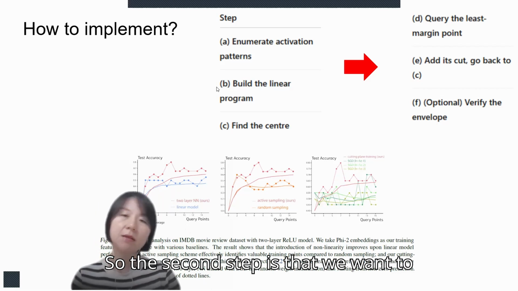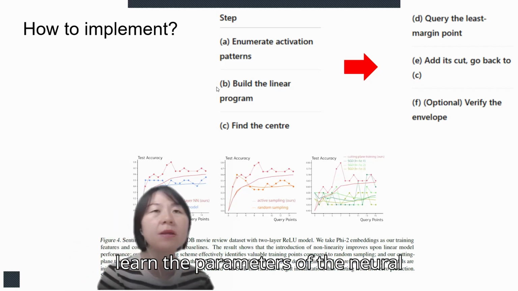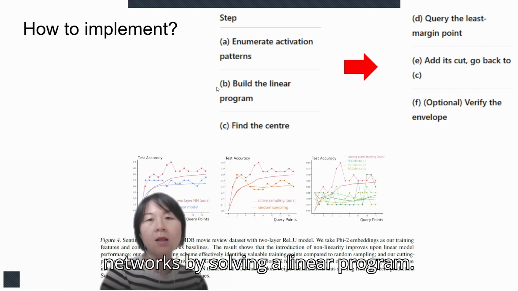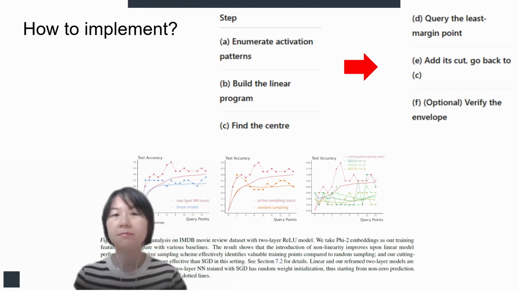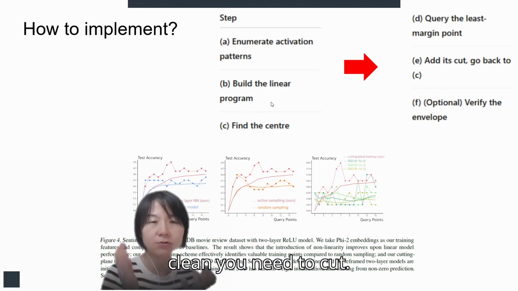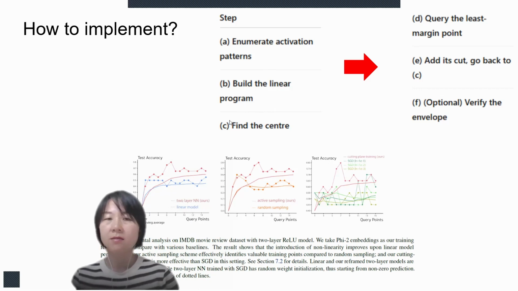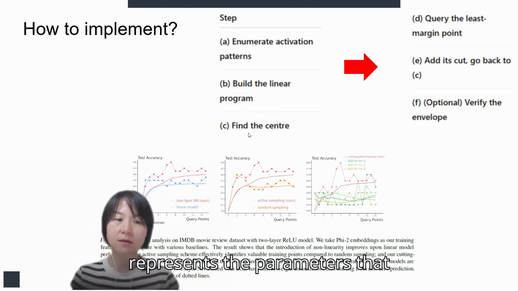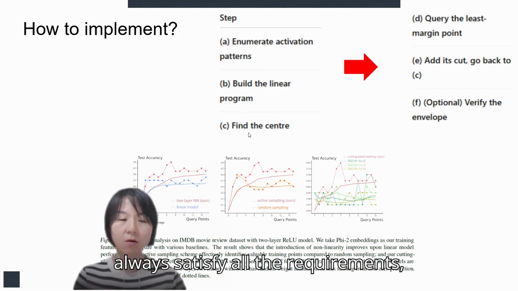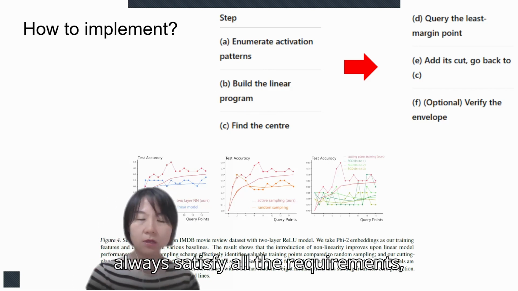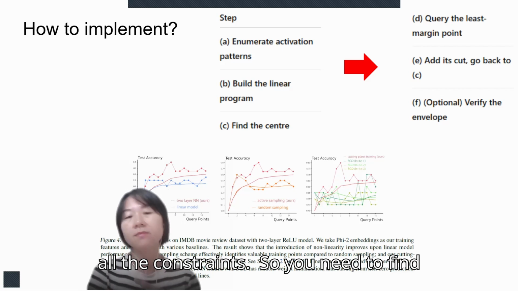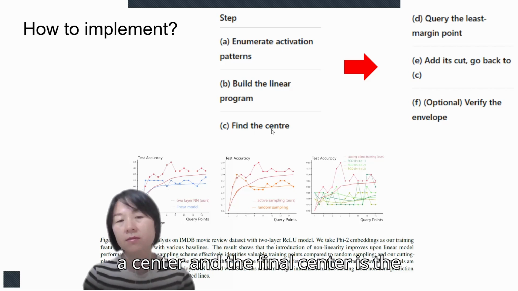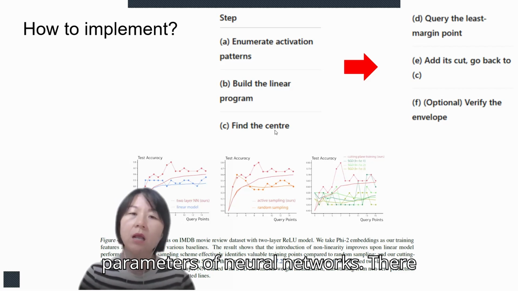So the second step is that we want to learn the parameters of the neural network by solving a linear program. Clean, you need to cut. How to cut? The next step is to find a center.